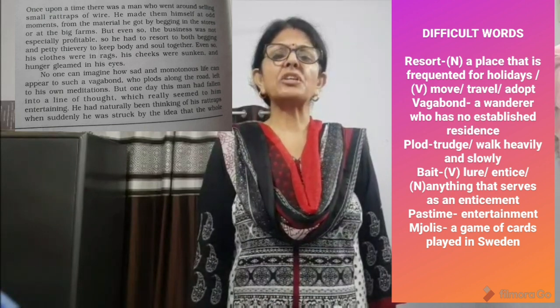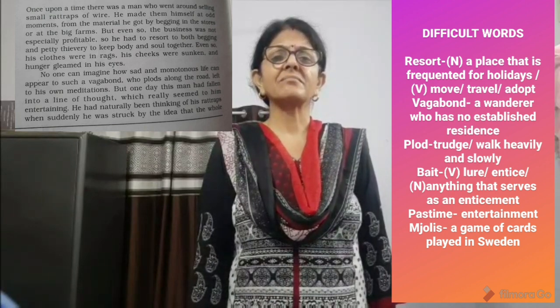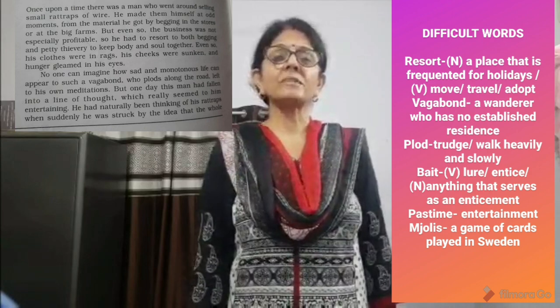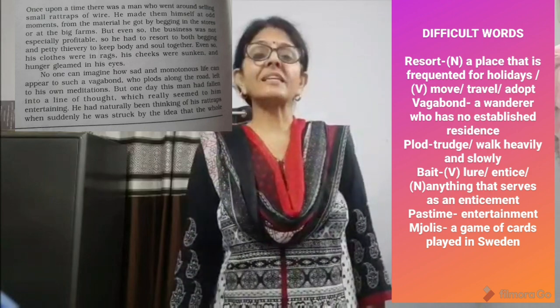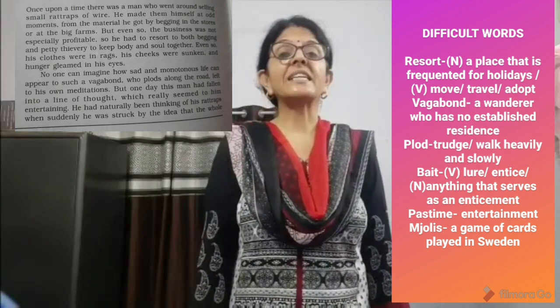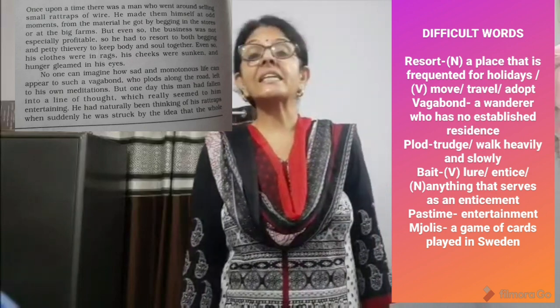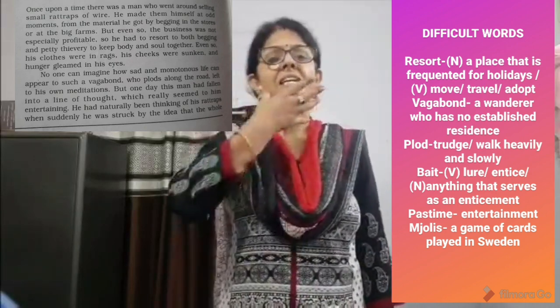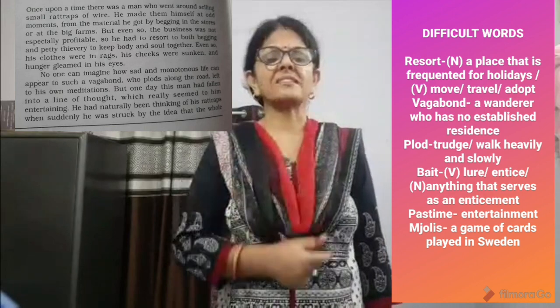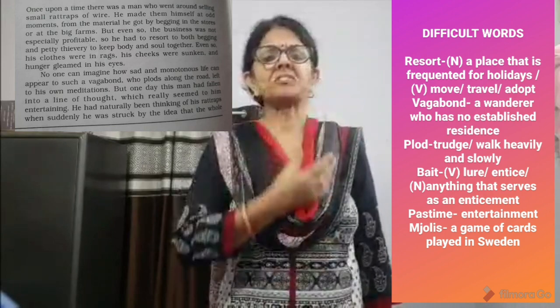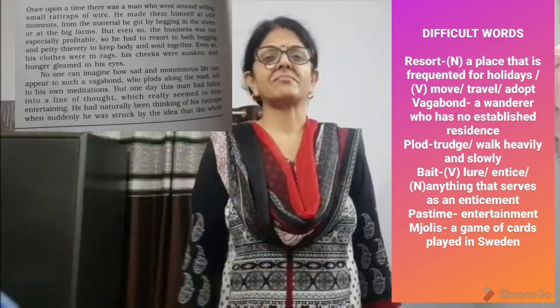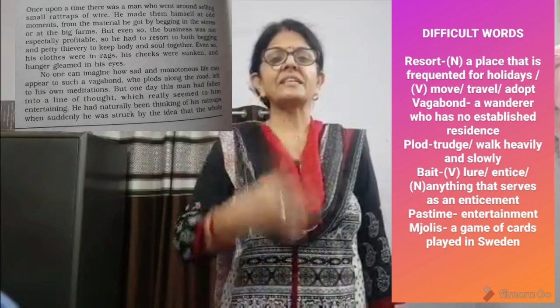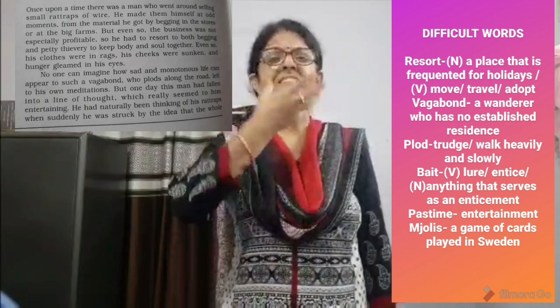Sunken is not used nowadays as the verb form. It is only used as an adjective, like sunken cheeks, sunken garden. Sunken cheeks means bony cheeks, cheeks without much flesh, cheeks under eyes.